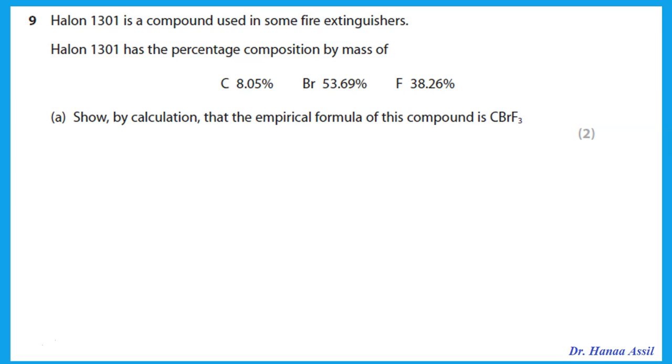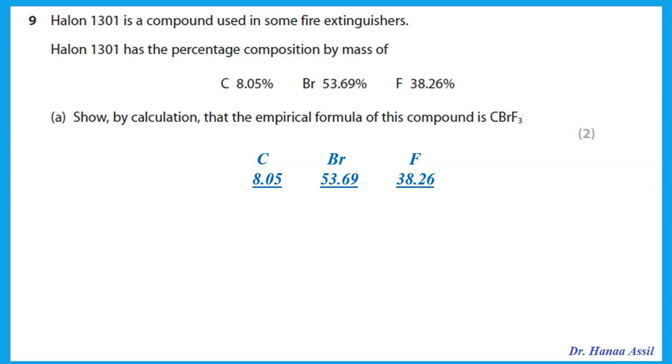Halon is a compound used in some fire extinguishers, and we're given the percentage composition of this compound. Show by calculation that the empirical formula is this. So basically we're trying to calculate empirical formula. How do we calculate empirical formula?